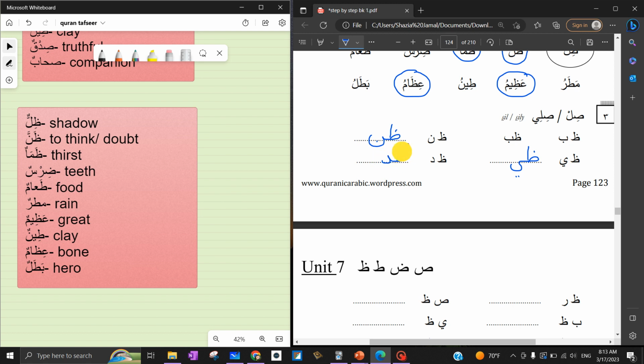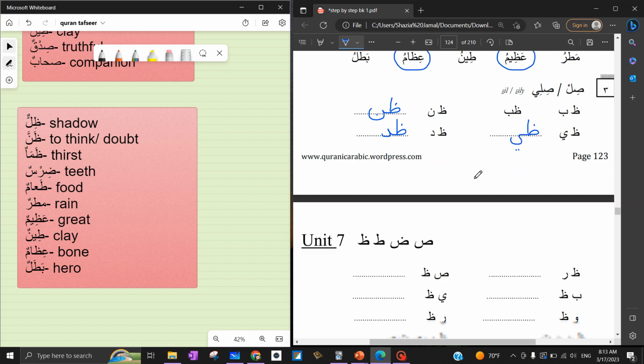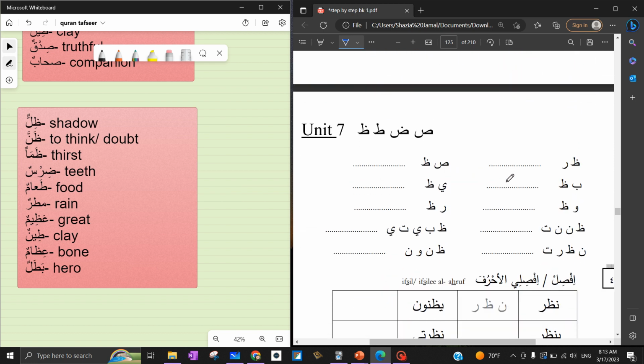Then put the stem and dot. Wa and ra. So wa and ra continued. Then put the stem. Then ba and wa. Leave the tail of ba and then join with the wa and then the stem.